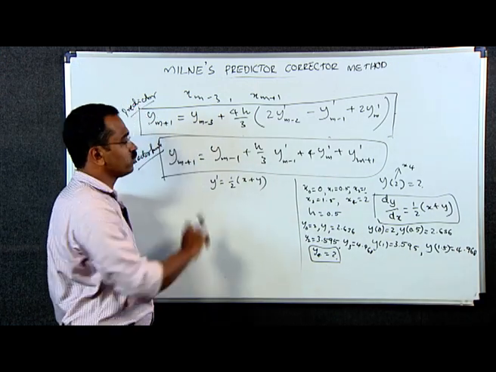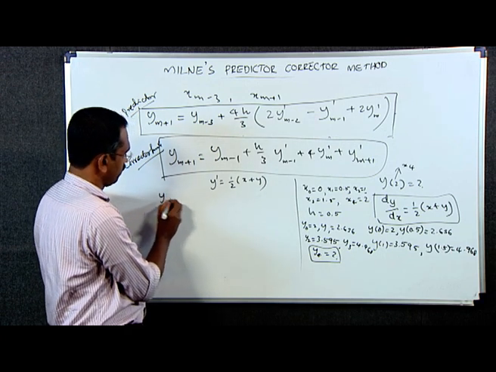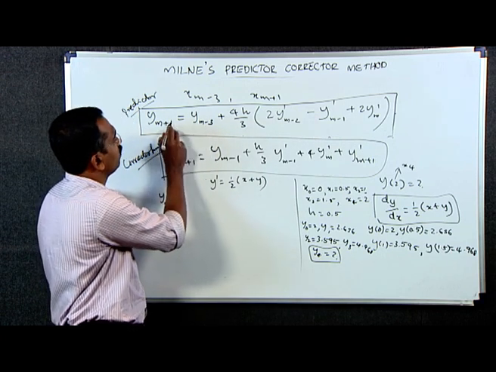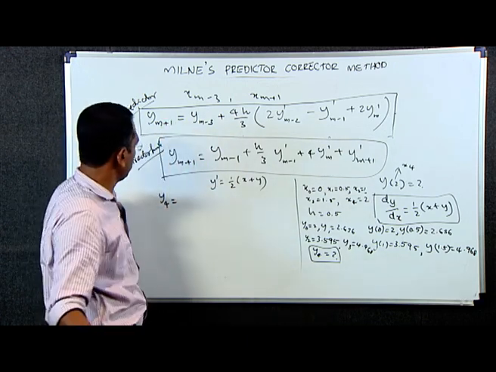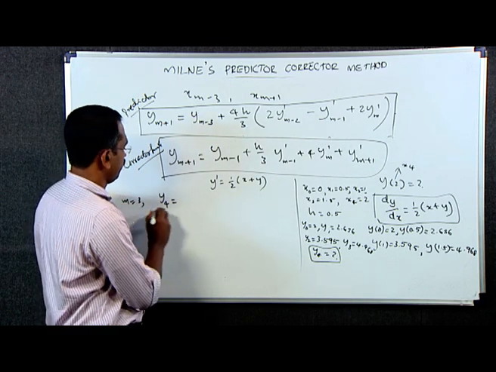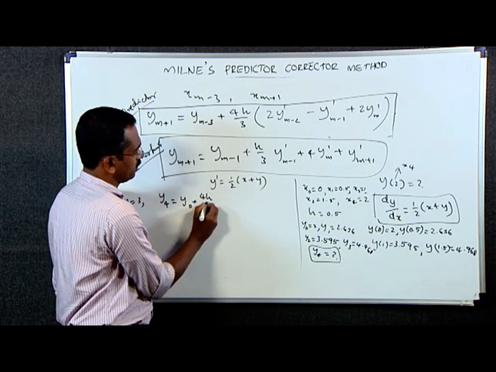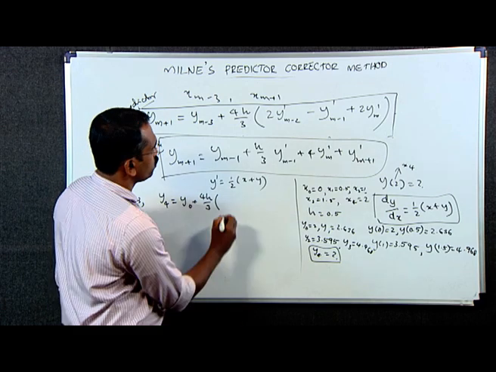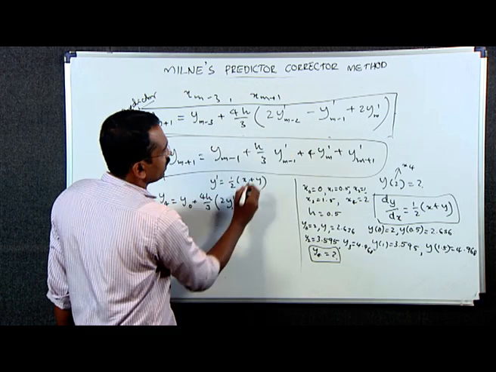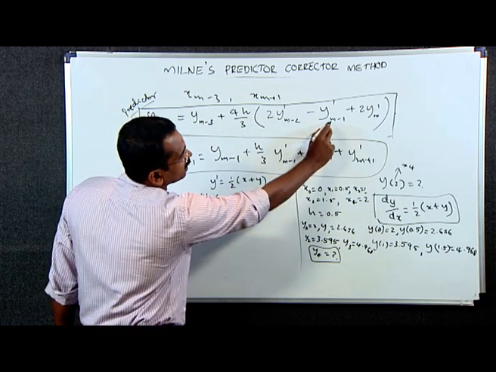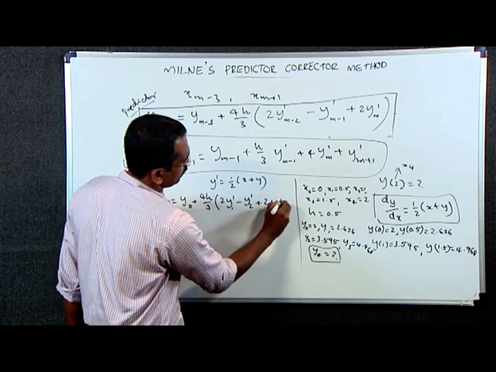Putting m is equal to 3, we can write y4 as, substituting m is equal to 3 in this expression, we obtain y4 is equal to y0 plus 4h divided by 3 into (2 into y1 dash minus y2 dash plus 2 into y3 dash).